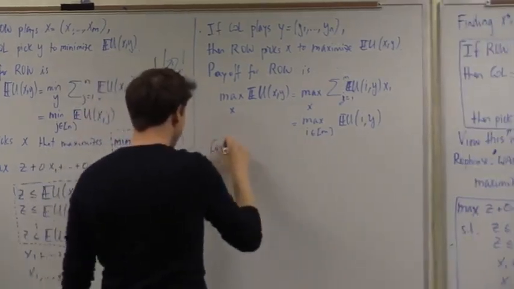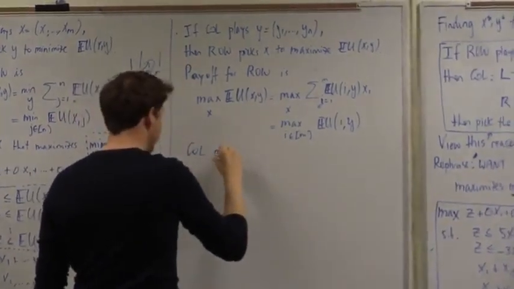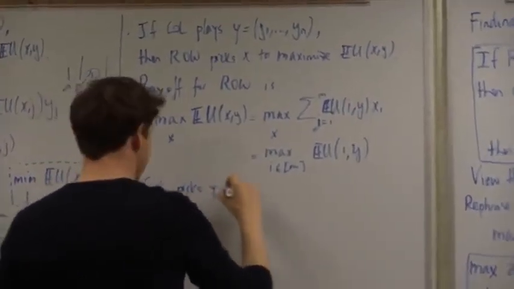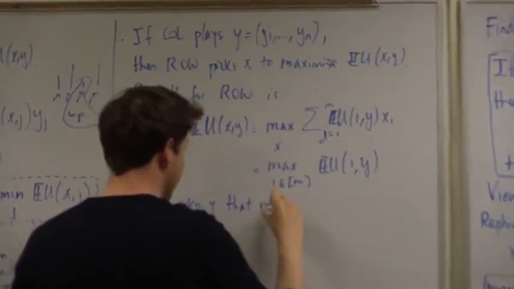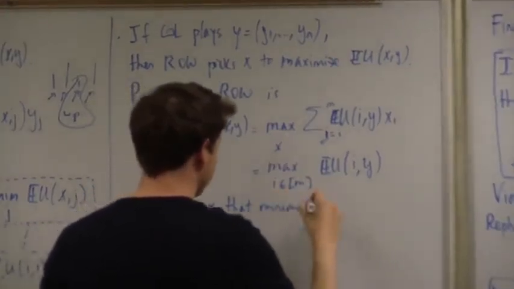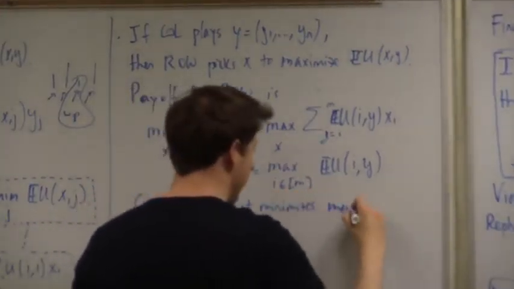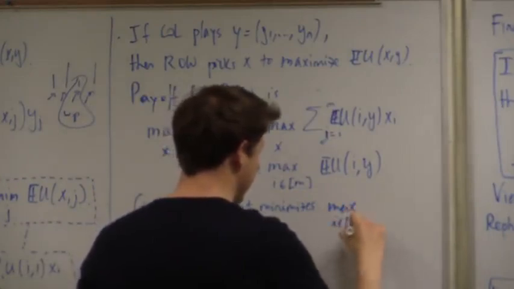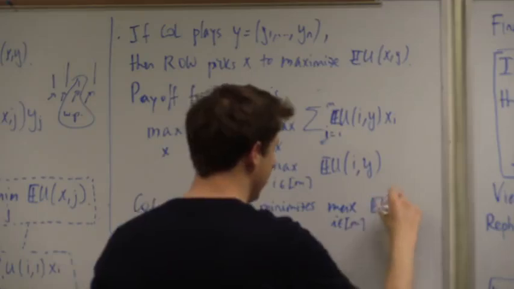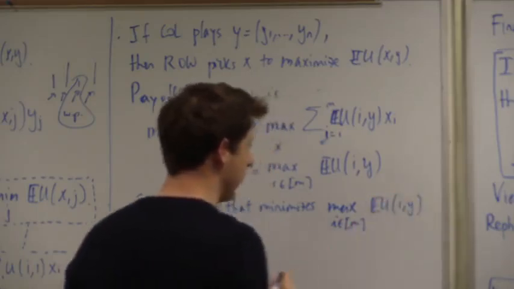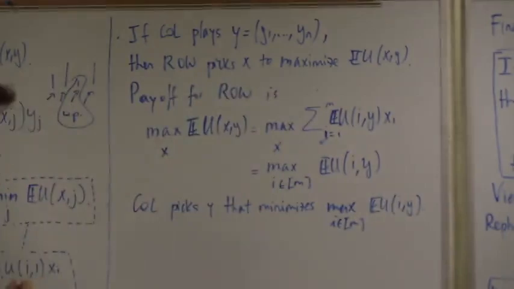So then the column player will pick y that minimizes the expression max over i in M of expected utility of i, y. Okay?